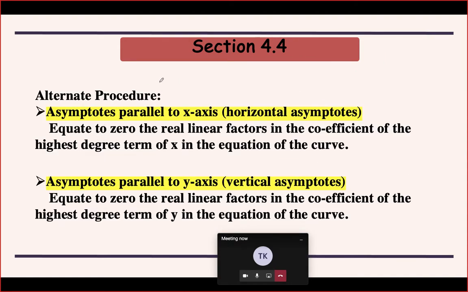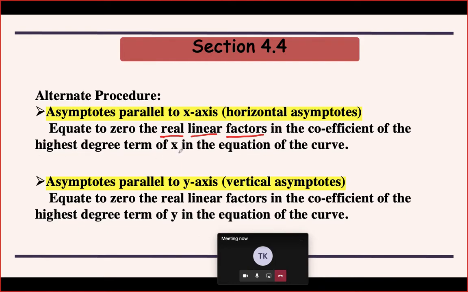If you have implicitly defined functions, then in order to find asymptotes parallel to the x-axis, that means the horizontal asymptotes, you have to equate to 0 the real linear factors in the coefficient of the highest degree term of x. So what you have to do is, in the entire expression, locate the highest degree term of x.